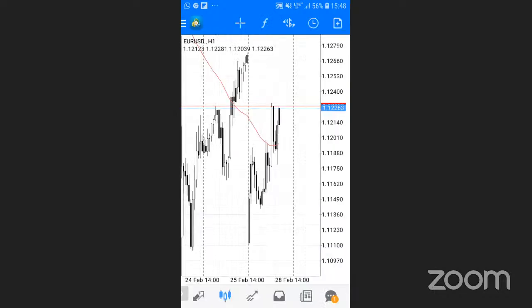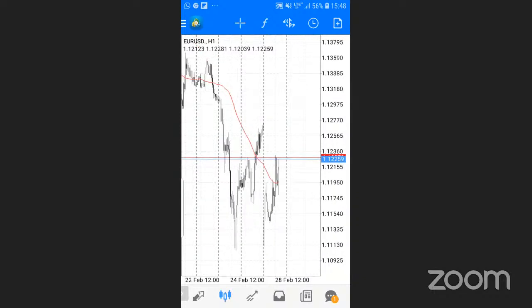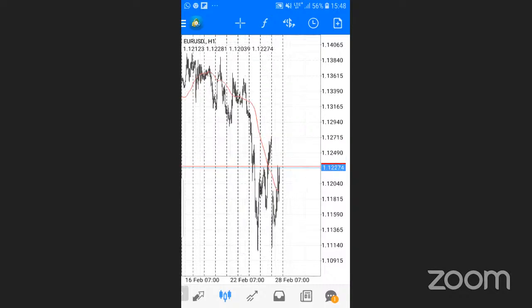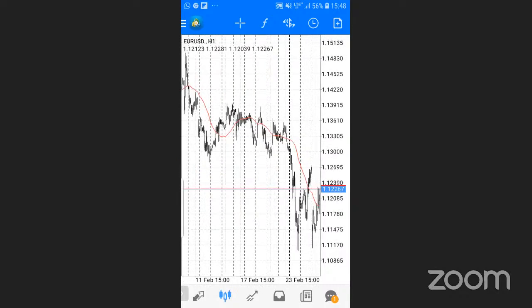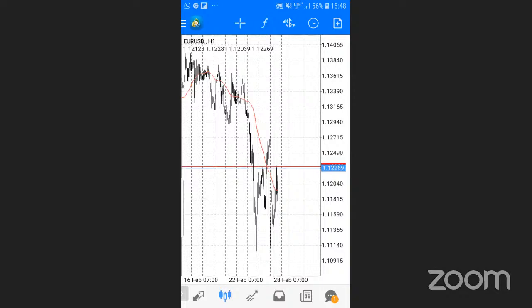Now I'm using just one moving average in this case. And we said moving average works the same way a trend line works. If price is above the moving average, it is seen as an uptrending market. If price is below the moving average, it is seen as a downtrending market.